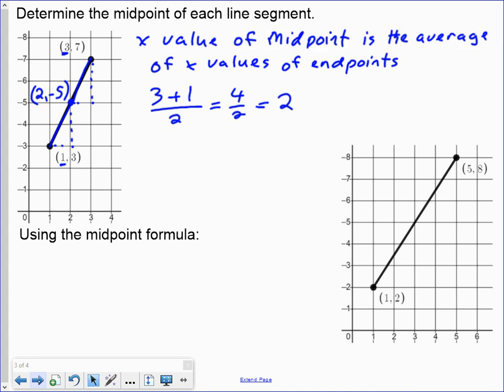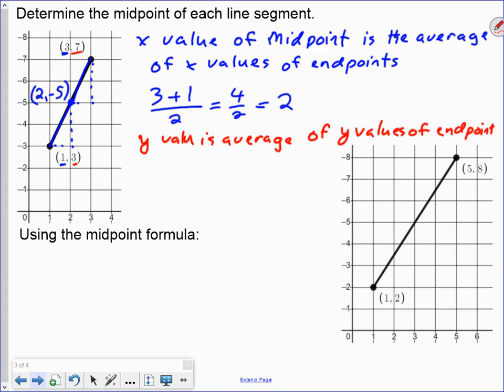And the same is true if we want to look at the y values. Our y values here are 7 and 3. The y value is the average of the y values of the endpoints. So if we've got endpoints of 7 and 3, if we do 7 plus 3 divided by 2, we take that average, we get 10 divided by 2, we get 5.